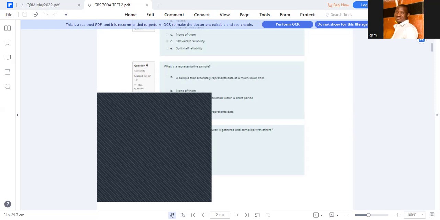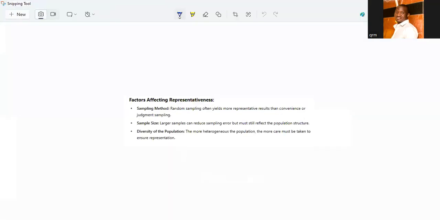Okay. So how does the sampling method affect representativeness of your sample? You need to understand that when we are using our sample size, we usually use Yamane's formula or these formulas.